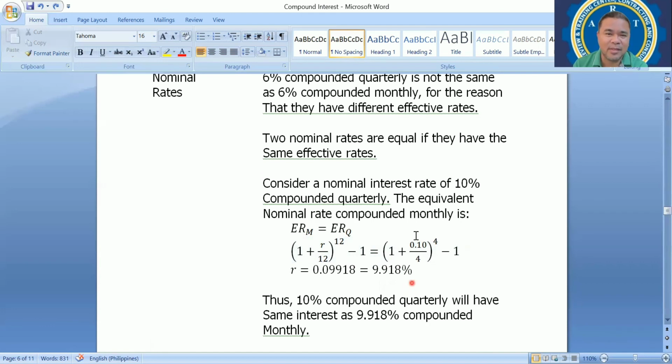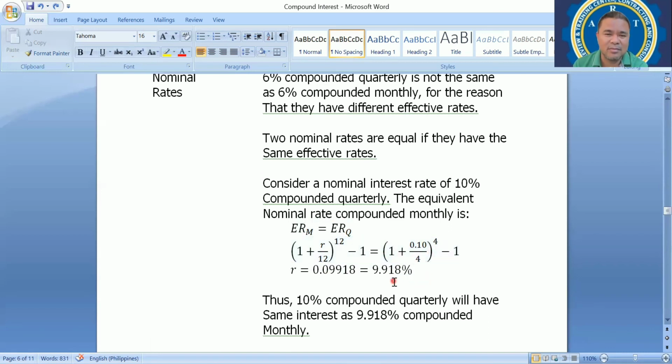I hope you understand this, because this is very important. In the board exam, or in the quiz, or whatever exam, if you are not familiar with this equation, you forgot, then you cannot answer the problem.